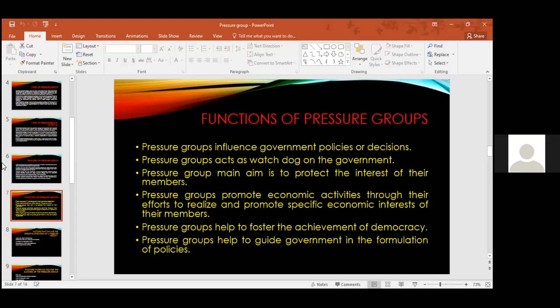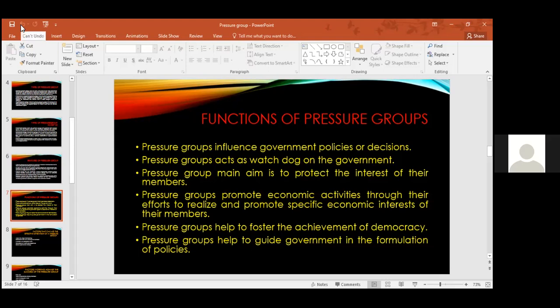They ensure that the government does it. So pressure group is one of the people that help promote economic activities because they will be able to convince the government to make certain economic decisions that will help the masses. And by doing so, it will improve the economy of the country. So that is why this is one of their functions.